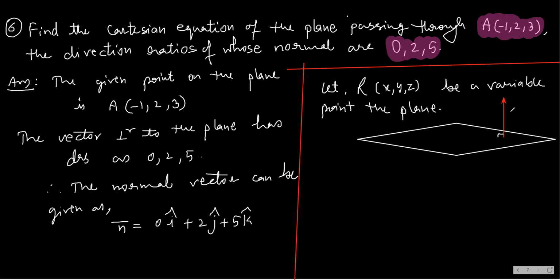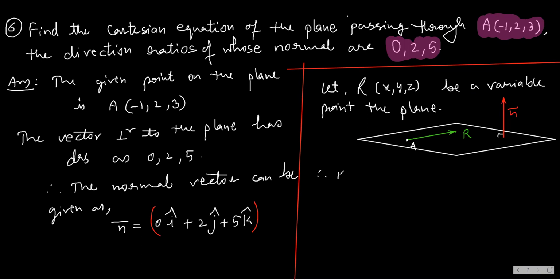Point A on the plane is already known to us. I will take a variable point R on the plane. Then we know that vector AR bar will be perpendicular to the normal vector, because AR bar lies in the plane and this n bar is perpendicular to the plane.